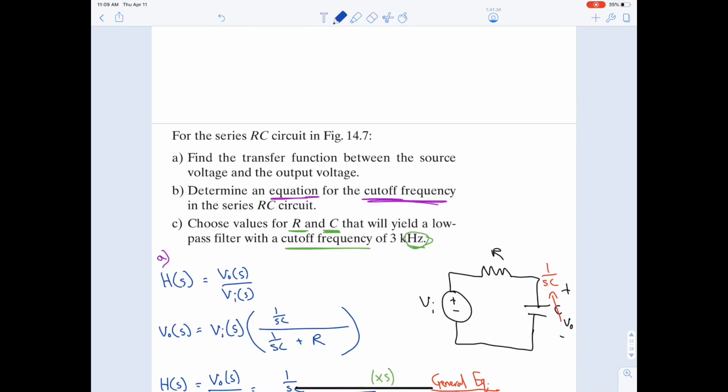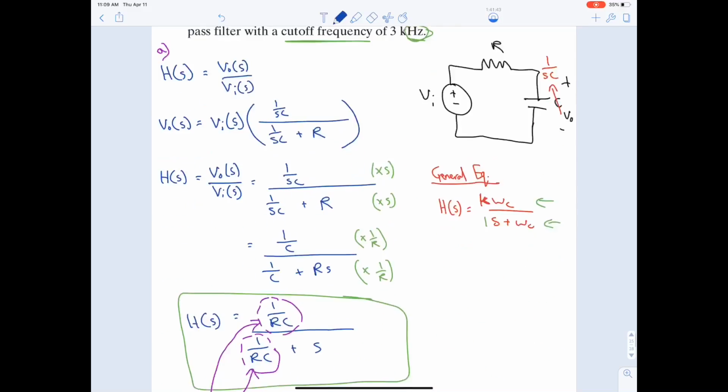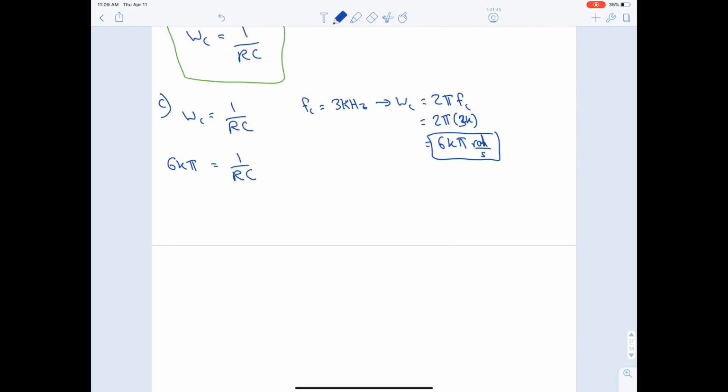Choose values for R and C that will yield a low pass filter with a cutoff frequency of 3 kilohertz. Okay, so here you just need to find two values that will result in that cutoff frequency.